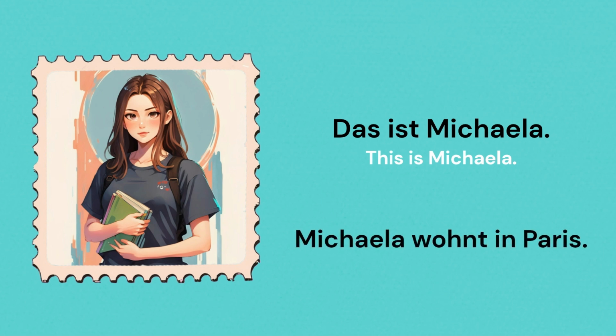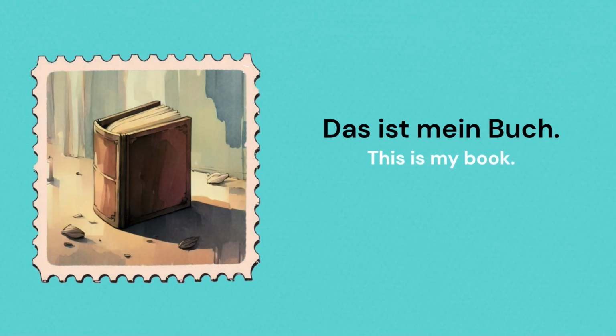Michaela wohnt in Paris. Or, sie wohnt in Paris. This sie is written with a capital S only when it's at the beginning of a sentence. Here's the next one. Das ist mein Buch. Das Buch ist alt. Or, es ist alt.